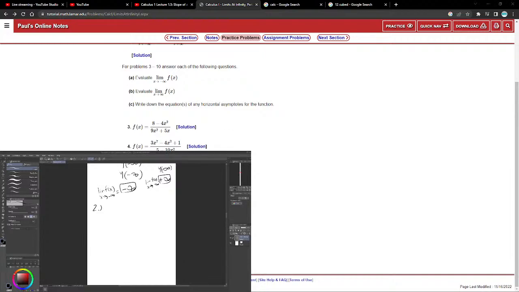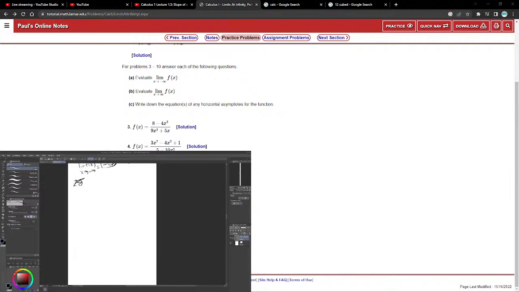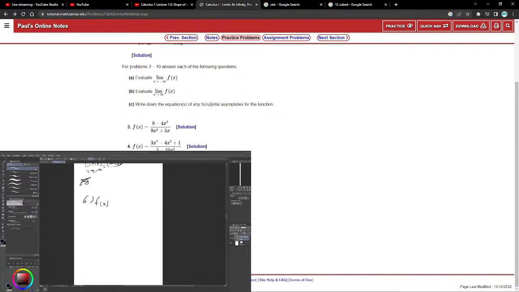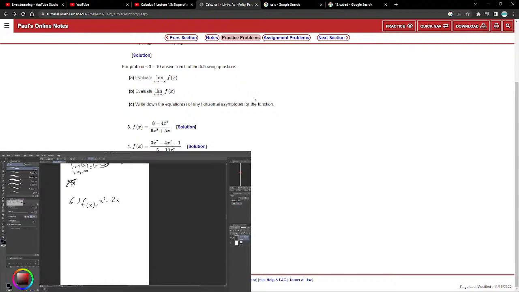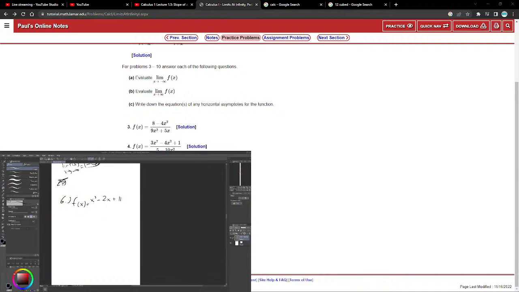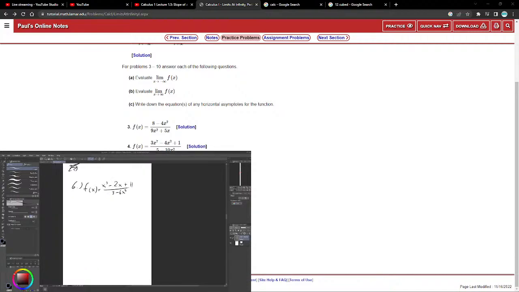Alright, let me try one of these, like 6. If f(x) equals x cubed minus 2x plus 11 over 3 minus 6x to the power of 5, and we're trying to find the limit at negative infinity and positive infinity.